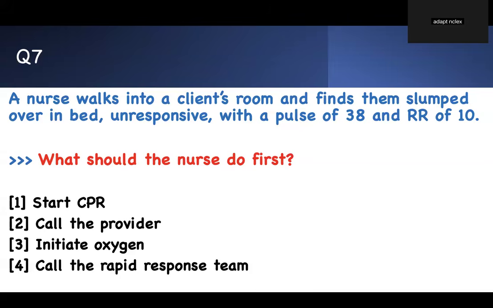So do you call the doctor at this time? It's a waste of time. Oxygen is not going to fix this patient. After checking for responsiveness, a pulse and a respiratory rate, you need some help to fix this patient. You have to call rapid response.